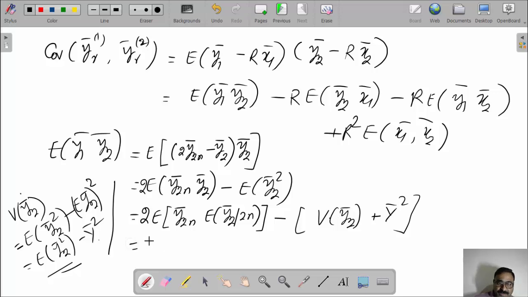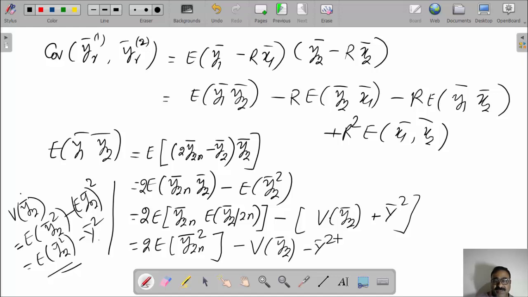Now this is equal to 2 expectation of y2n bar. Expectation of y2 bar given 2n will also be y2n bar. So this will be 2 expectation of y2n bar square minus variance of y2 bar minus y bar square.